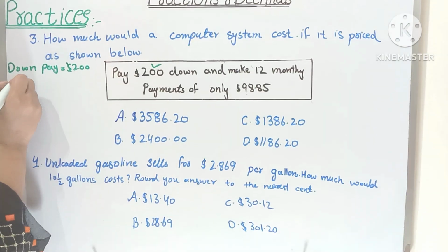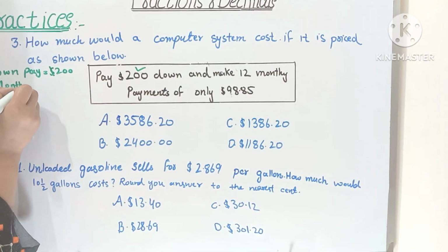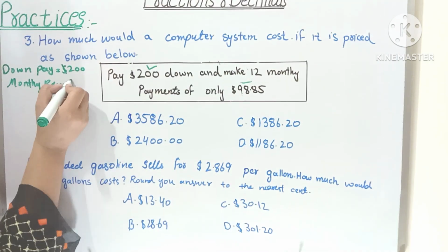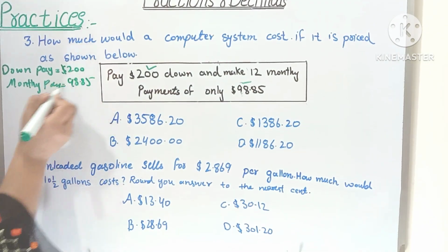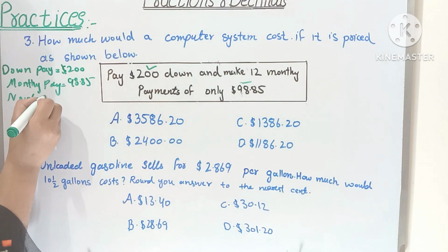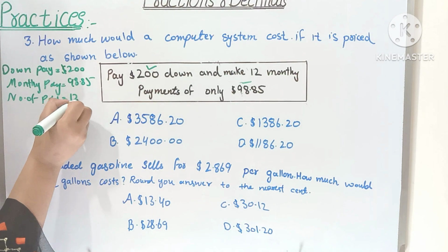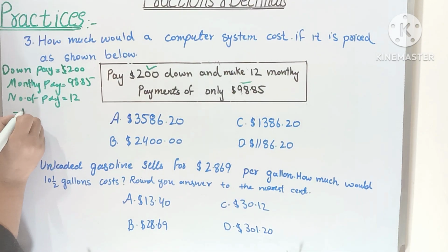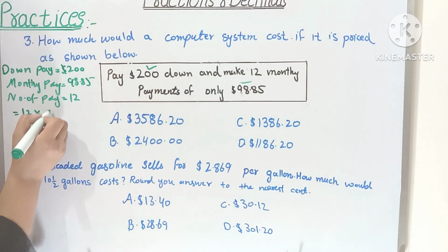Now the monthly payment is $98.85. Number of payments is 12. So what will we do? For the total monthly payments, we multiply the number of payments with the monthly payment.